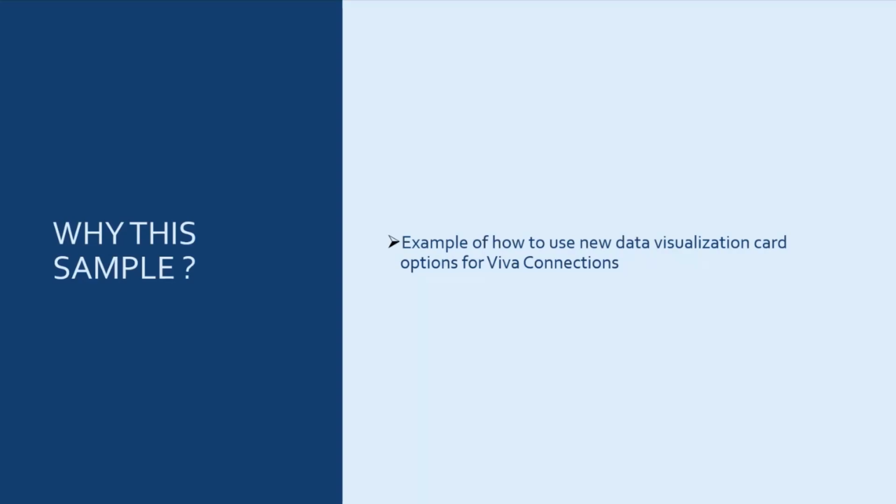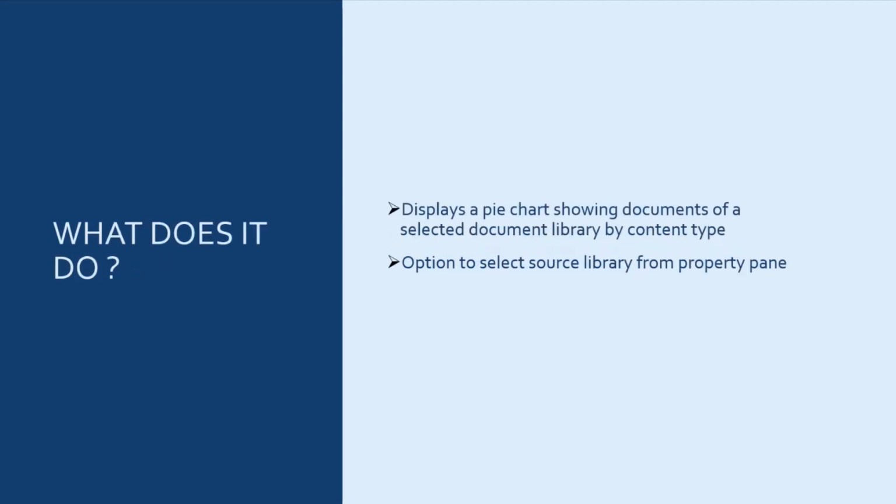I built this sample because I think this is a good example of how to use the new data visualization card options for Viva Connections. Basically, it displays a pie chart showing documents of a selected document library by content type. And you have the option to select the source library that you want from the property pane of the adaptive card extension.